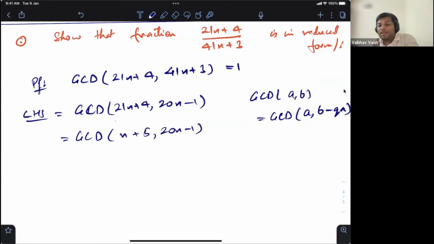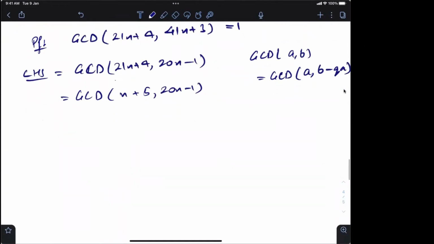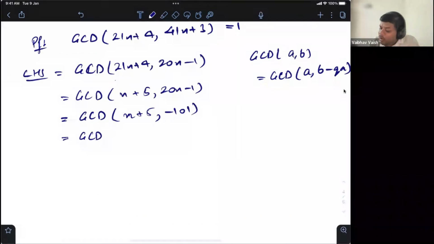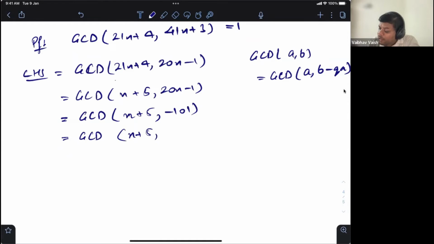Is everyone clear what I'm doing? Yes, sir. This is quite easy. And then you subtract 20 times this much. Q can be anything, so I take Q to be 20. When I subtract 20 times this, the 20n completely cancels off. 20 into 5 is 100, so I get minus 101. So this becomes GCD of n plus 5 comma 101.